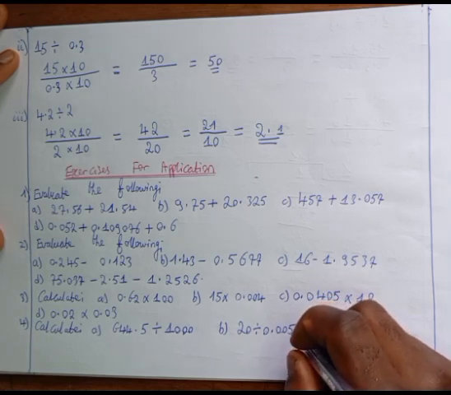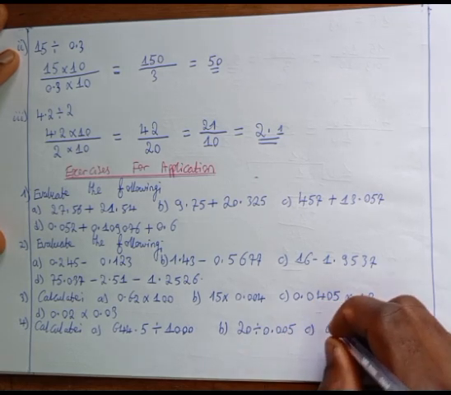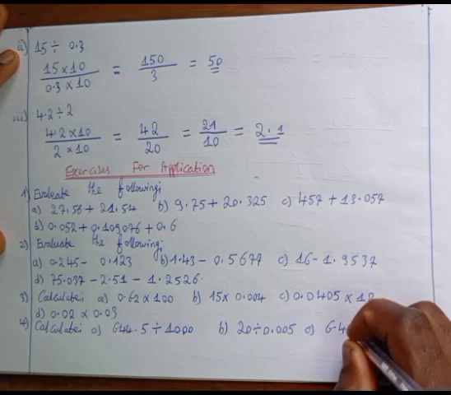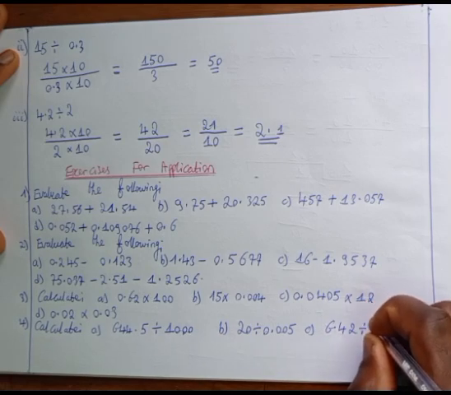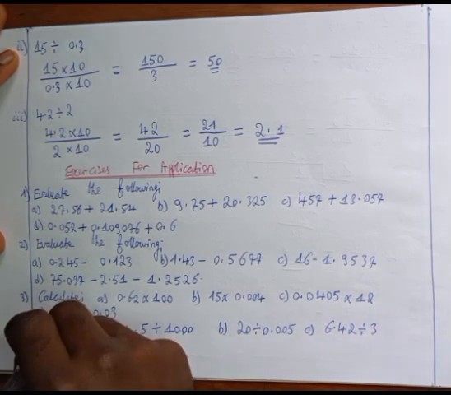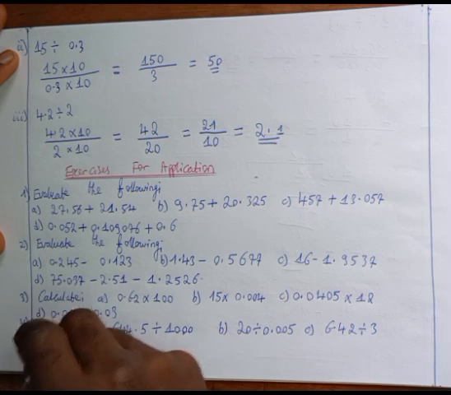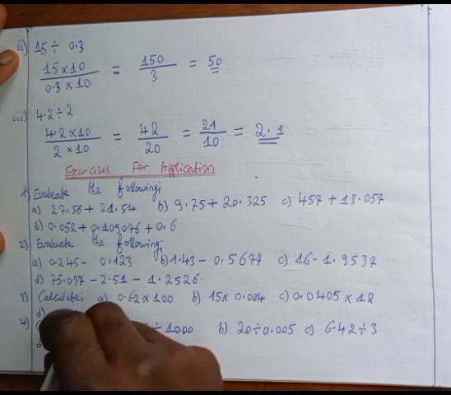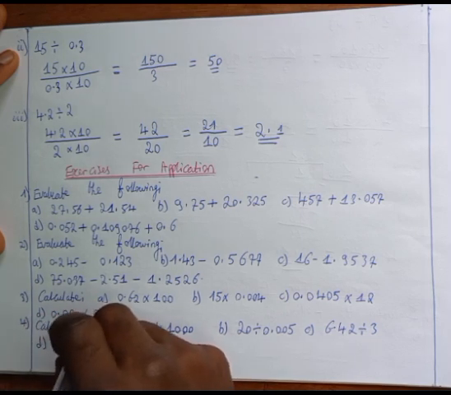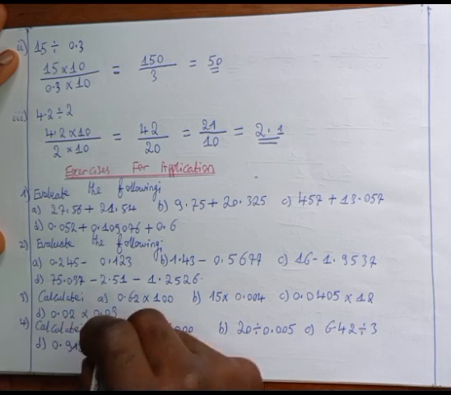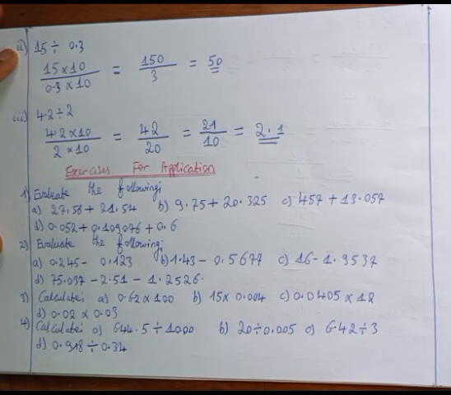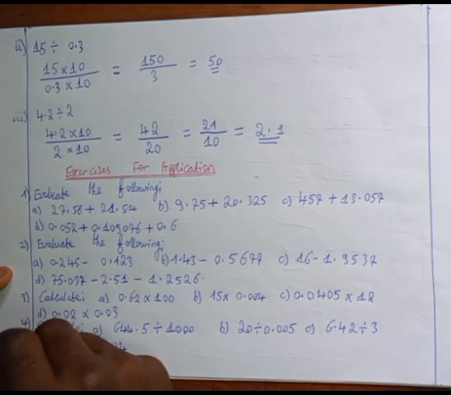C, we have 6.42 divided by 3. And lastly, D, we have 0.918 divided by 0.34.